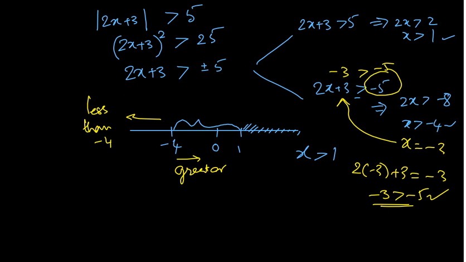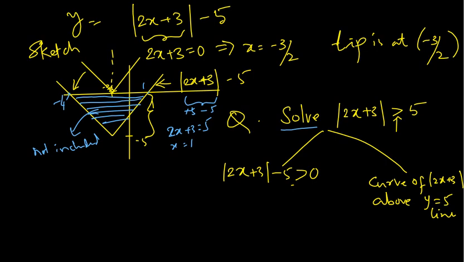But is that what is included or not included in our graph? Go back to this. If I have minus 3 here, when x equal to minus 3, I am getting into not included, isn't it? I am getting into this area.